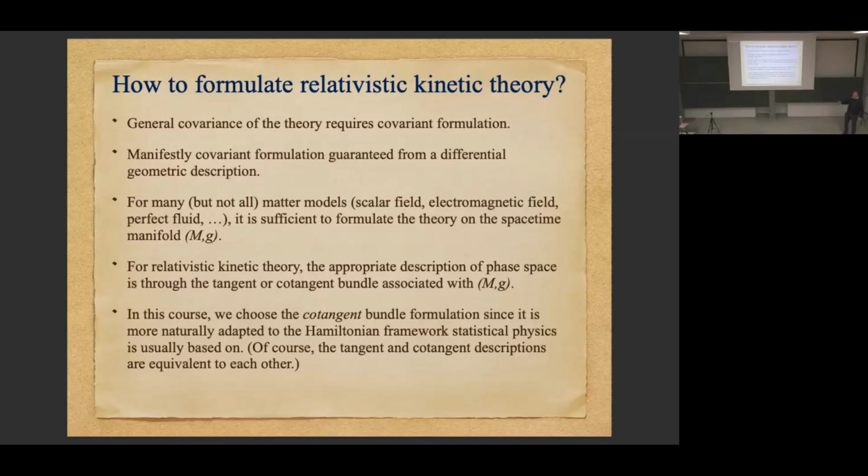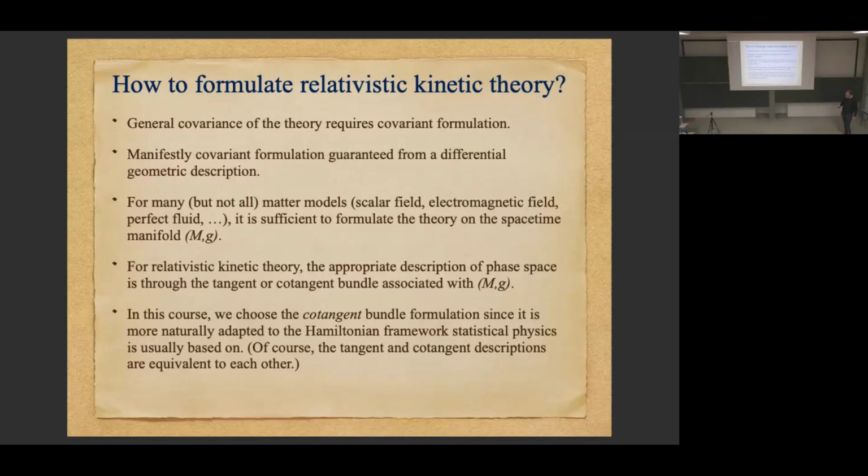But for relativistic kinetic theory, what is central is a phase space. So you need a geometric description of what phase space should be. And that is done through the tangent or the cotangent bundle associated with the space-time manifold. At each event, you want to look at the space of all possible momenta, and that leads you naturally to the tangent or cotangent bundle.